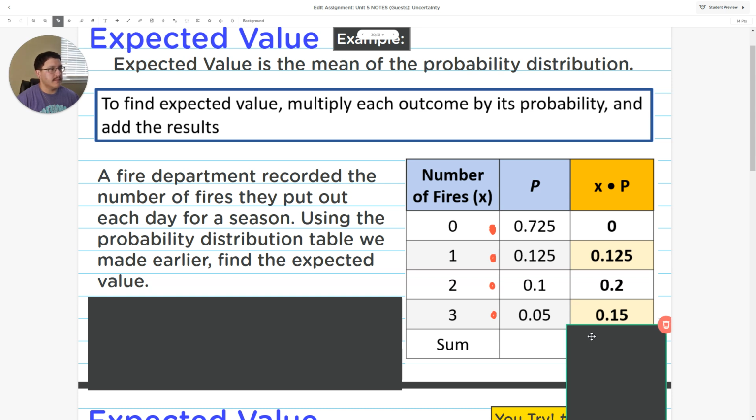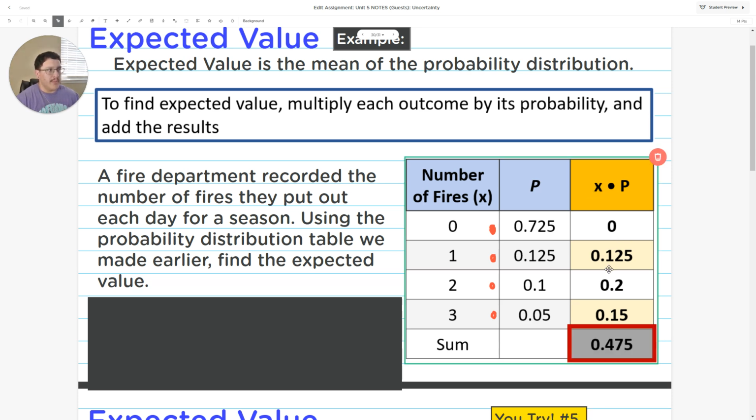Now we're going to total that column right there, x times p. 0 plus 0.125 plus 0.2 plus 0.15 is 0.475. This is the average from the probability distribution table.